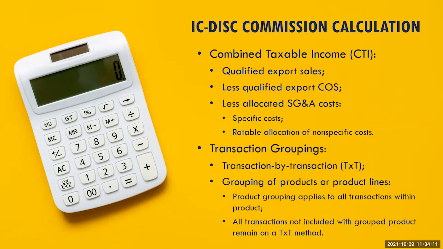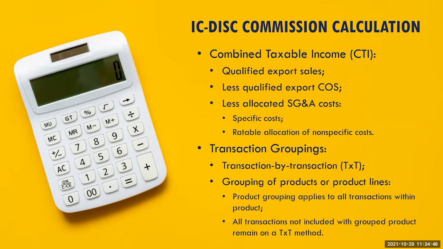The SG&A costs, you can divide those into 3 buckets: directly attributed to export, directly attributed to non-export, and then non-identifiable costs, which are attributed to both export and non-export. And then you would ratably allocate those non-specific costs towards your export sales. And then your end result is your combined taxable income. So effectively, it is your net income on the export sale.